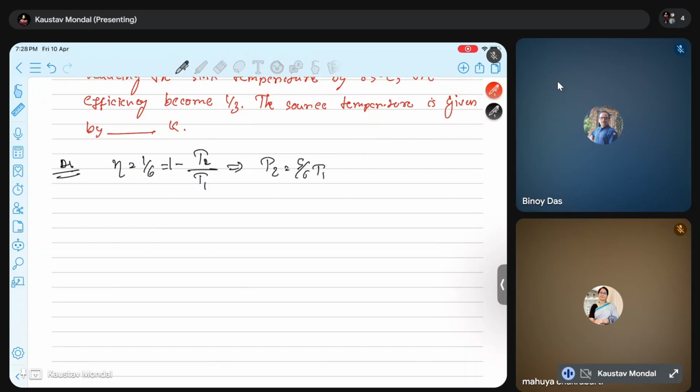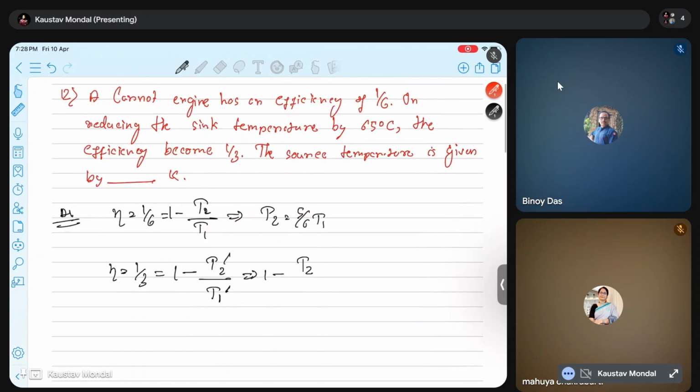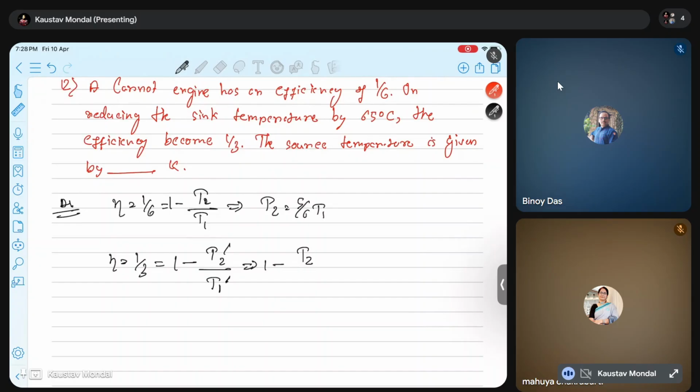Okay. Now for the second case where eta is 1 by 3, the temperature of the sink, let's take it as T2 prime, and the source is T1. Then T2 prime is nothing but the original T2 reduced by 65 degrees.